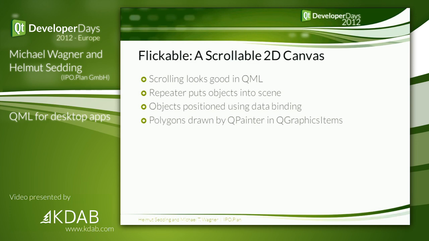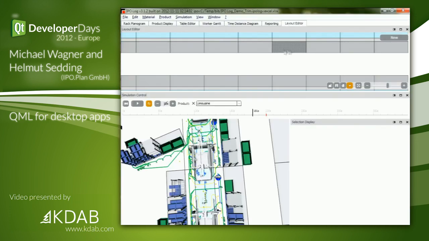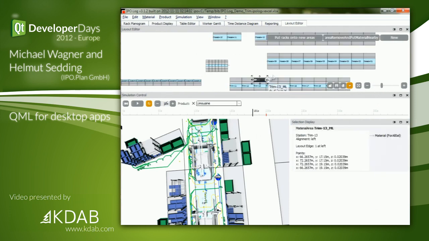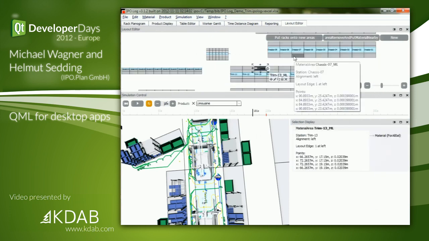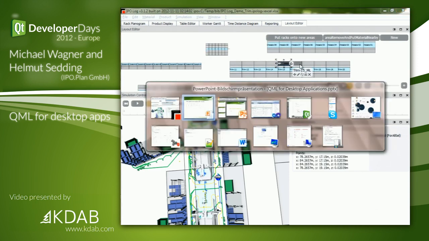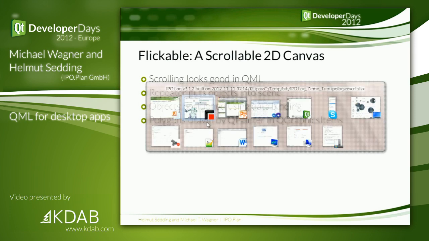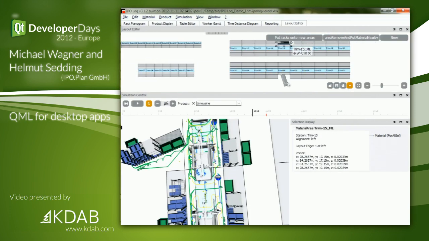So all our areas are in a list, and they all have their position and their rotation, and there is a selected property, for example. So it helps to have the object list model here in the background, and the data binding for the position and the rotation. And these are not only rectangles, we do have polygons here.